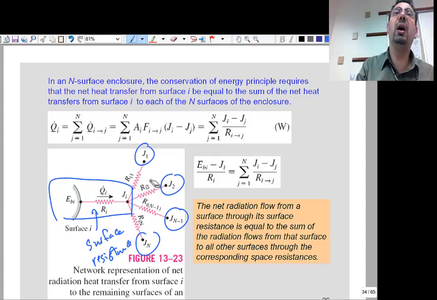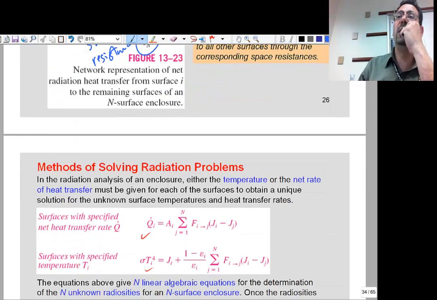Some part will go to 1, 2, 3, 4, and each Q would basically be the difference between the J's over the R, J's over the R, J's over the R. Okay, so let's do an example on this.